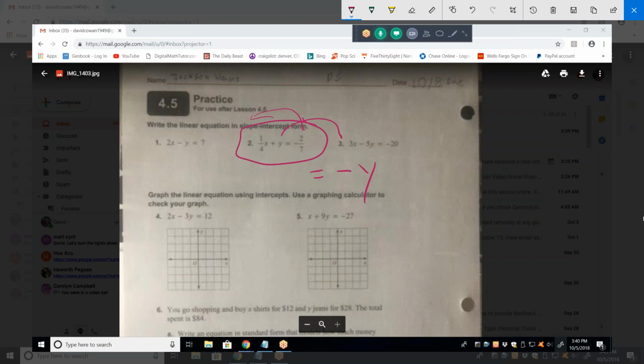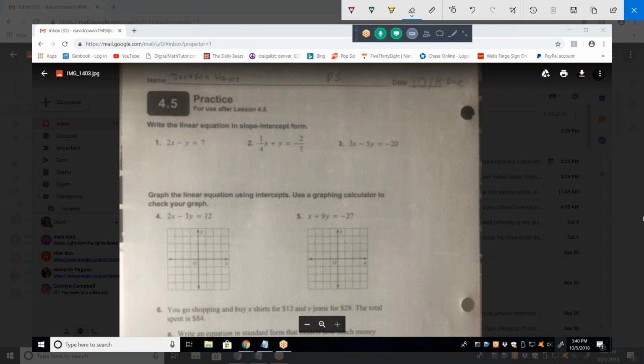So I end up with minus y, and then you still have your 1/4 x, add 2/7, but that's equal to minus y, not plus y. We've got to have it equal to plus y. So it's far better, since you've already got a plus y on that side, to just leave it there and move everything else.